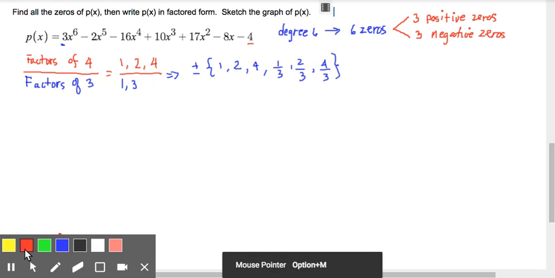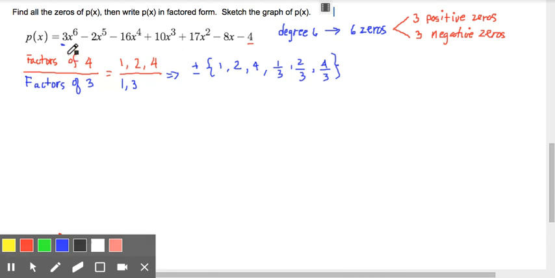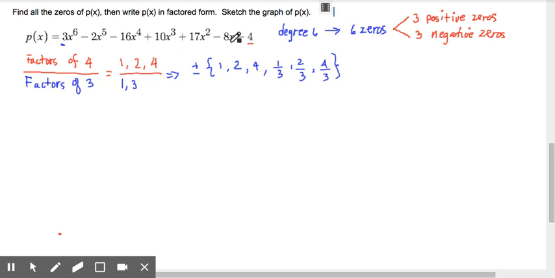Okay, so let's start the search. To start the search, we have to get the coefficients of our polynomial p of x. But first, take a look at the exponents. Highest is 6. It's followed by 5, and then 4, 3, 2, 1, and then 0. So again, we don't need to put a 0 somewhere because all of the exponents from 6 down to 0 are represented here.